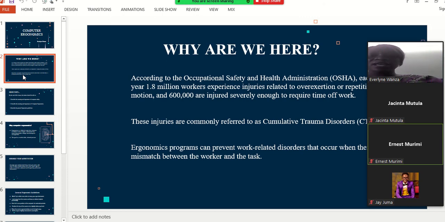These injuries are commonly referred to as cumulative trauma disorders, and they are the ones that have enabled us to study so that we can avoid such.